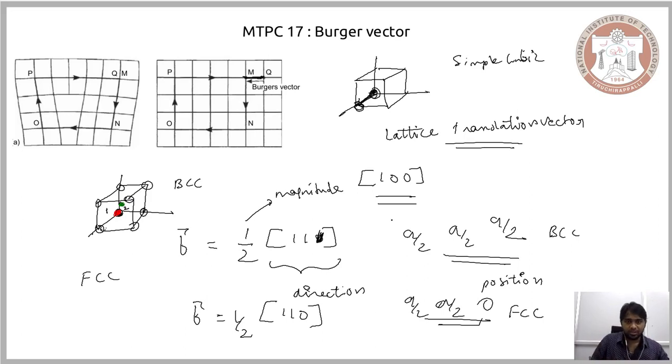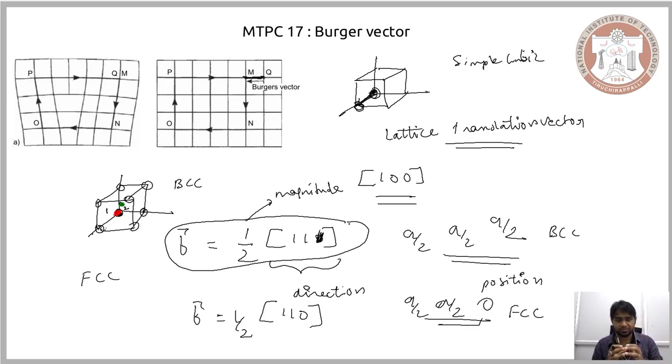So this is how you represent the Burgers vector when it is equal to the interatomic distance between the corner atom and the body center atom in the BCC structure, and this is the Burgers vector when it is equal to the interatomic spacing between the corner atom and the face centered atom.